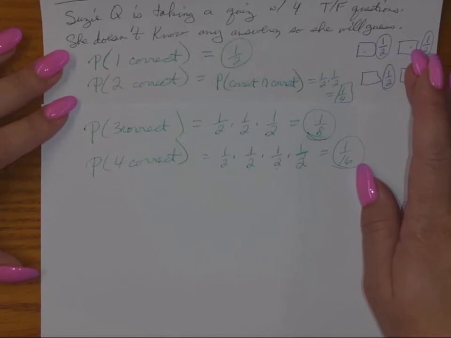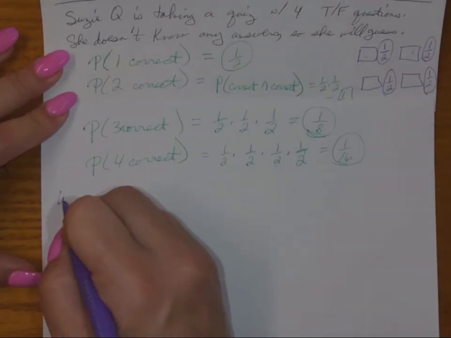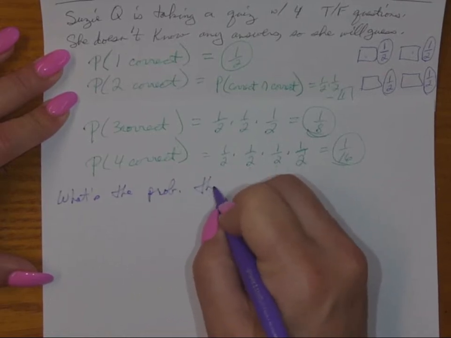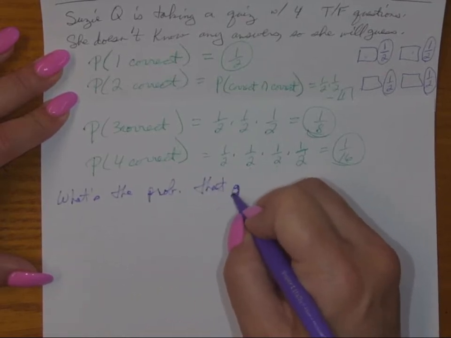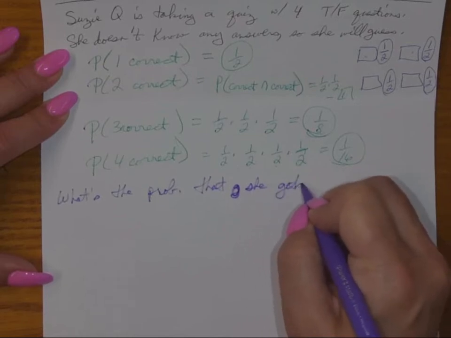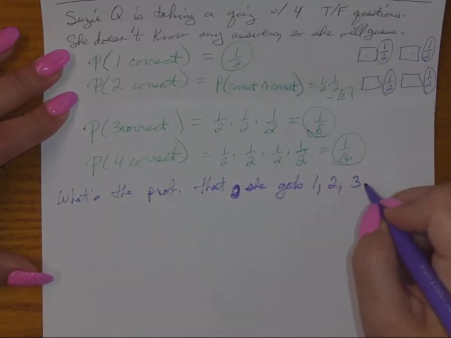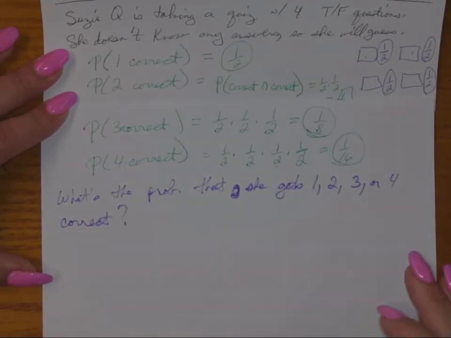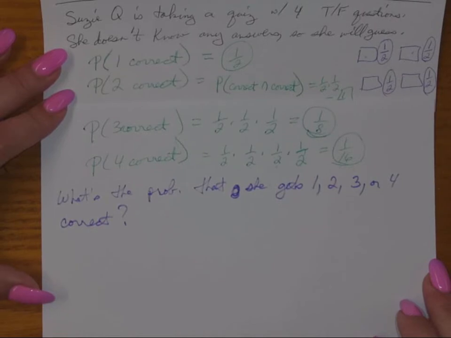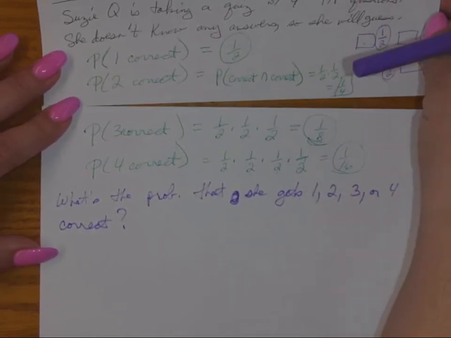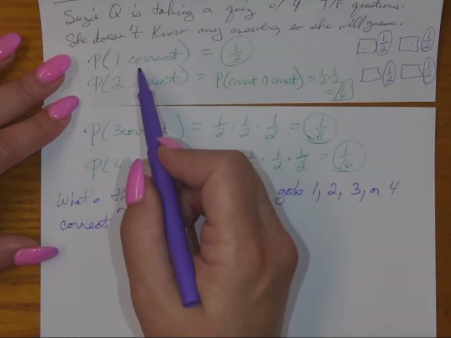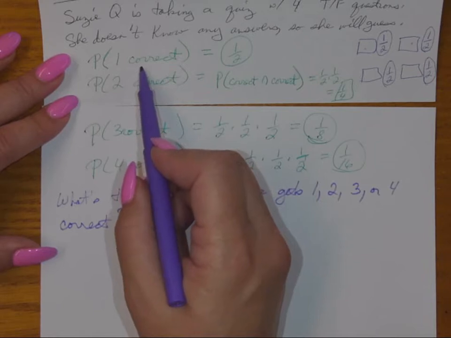But what if we said this? What's the probability that she gets 1, 2, 3, or 4 correct? Well, that's actually all of these. She gets 1 correct, or, now what was the difference with the or? Or was add, right?